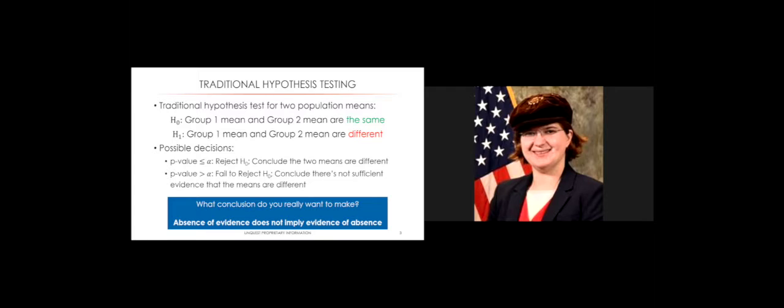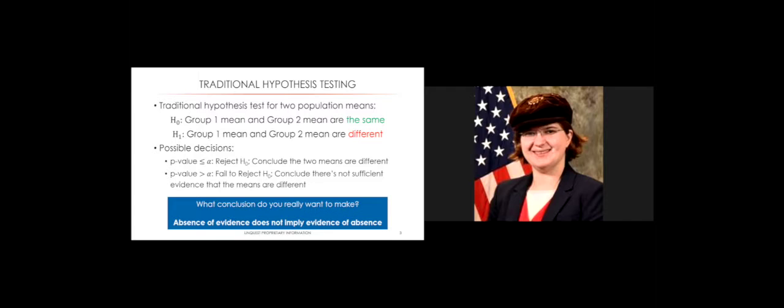So I collect the data, do the data analysis, get my two sample t-test all set up, and I can come to two possible conclusions based on my data collection. One, calculate the p-value. If it's less than or equal to my significance level, alpha, I reject the null hypothesis and conclude that the two means from these populations are different, not the same.